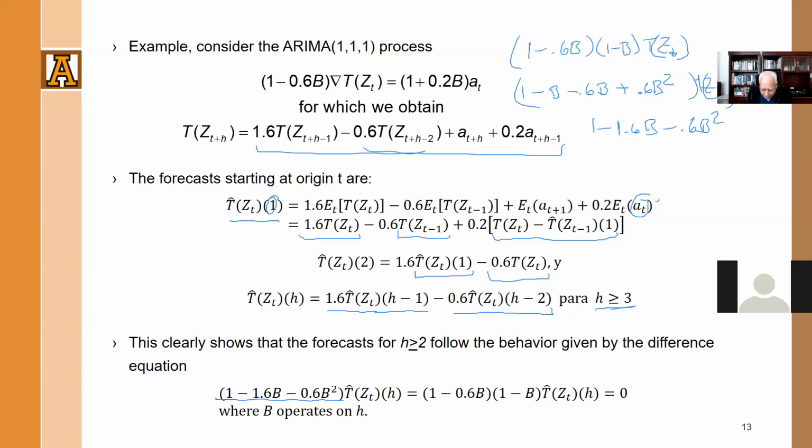Where now B is operating on h. So when we apply B to Z_{t+h}, we're operating on h, on the number of lags that we are forecasting ahead.